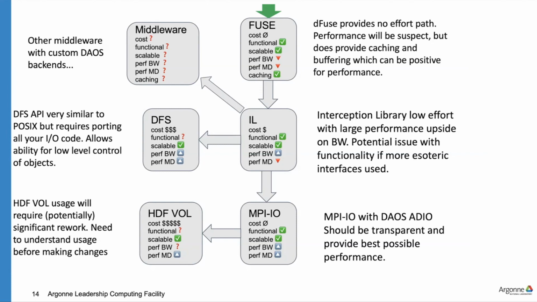One other part that it does have, which is very workload dependent as to whether it's a good thing or a bad thing, is caching. If you choose to turn on caching because you have small IOs or you keep rereading the same elements, caching can be a performance win over these other models that don't currently have caching. So if you get some win from caching, Fuse might still be a good choice.